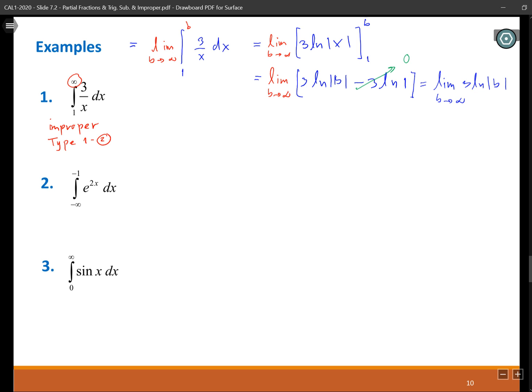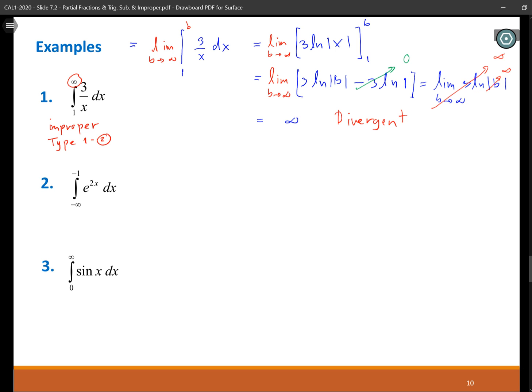B becomes really, really large, so this is going to go to infinity, and this limit goes to infinity as well. So the result that we got in the end is infinity. We can call this integral divergent, or you can say it diverges to infinity.